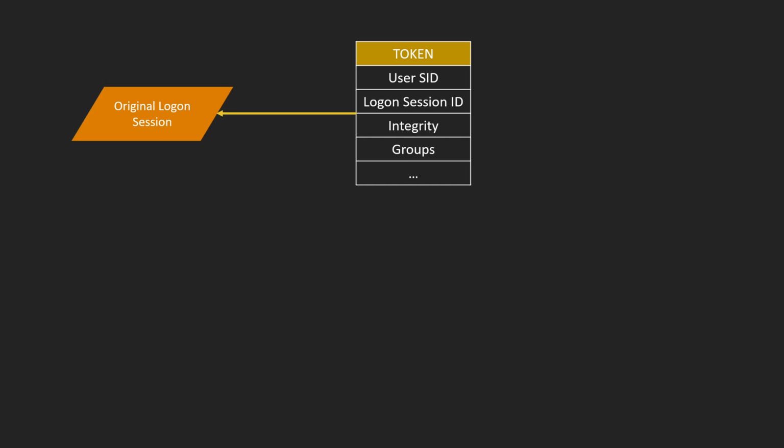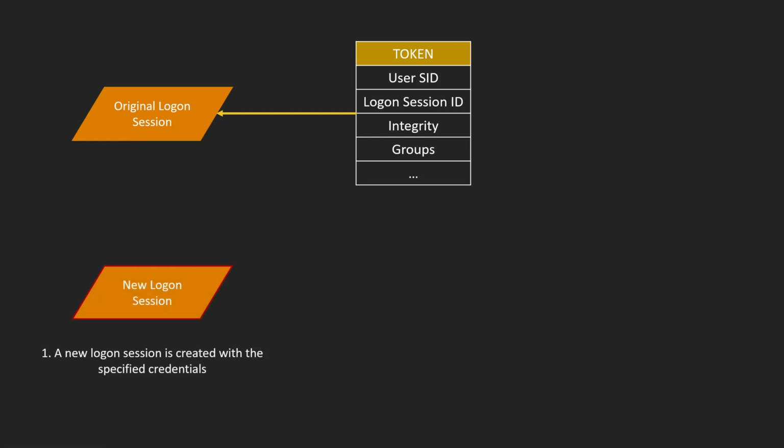So what is runas Netonly doing? We have our original process running as Vegeta with the original token describing Vegeta's security context and the original logon session with Vegeta's cached credentials. What runas Netonly is doing is it creates a new logon session with the credentials from Bulma.